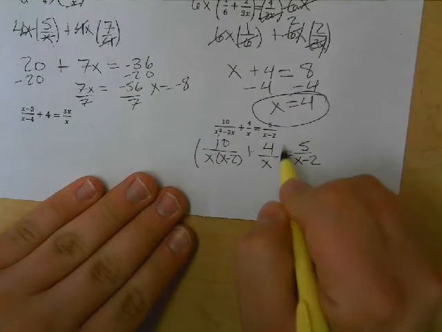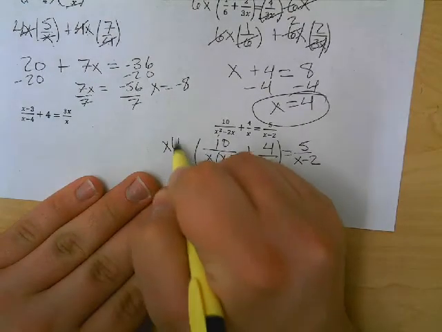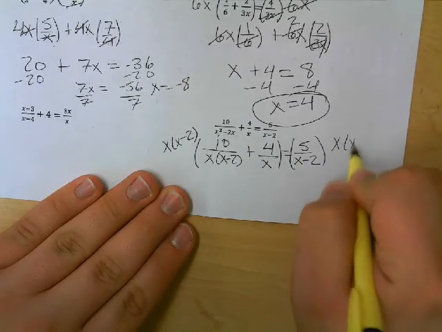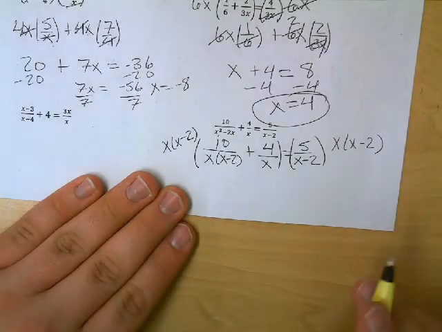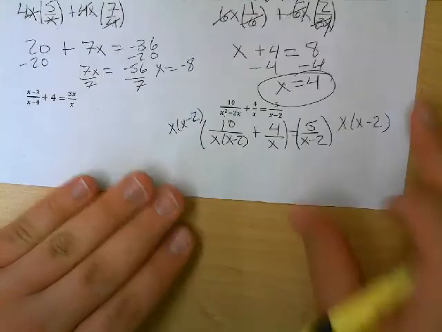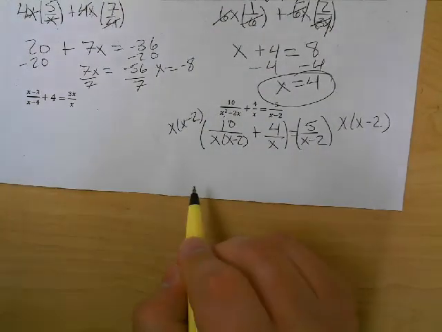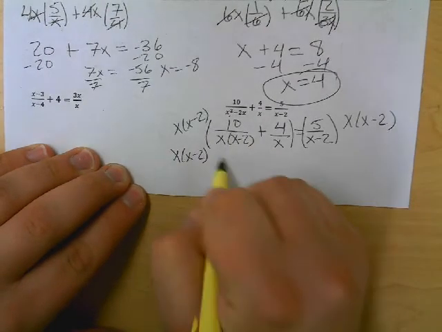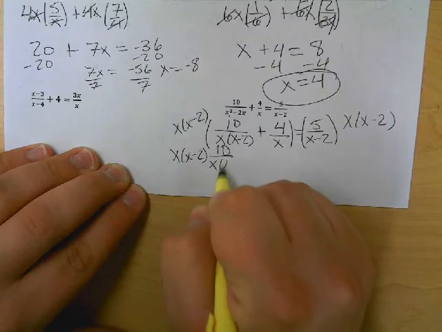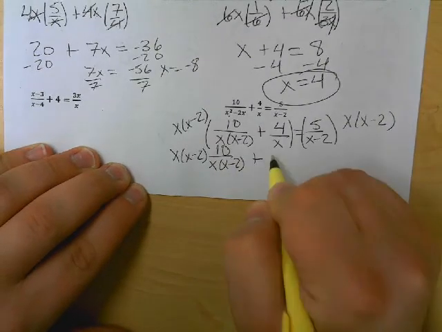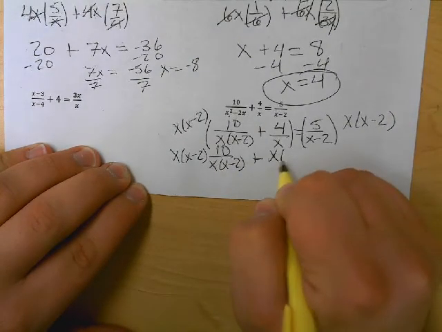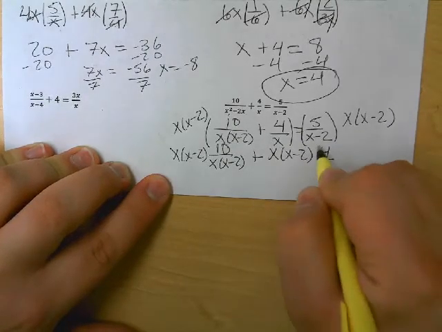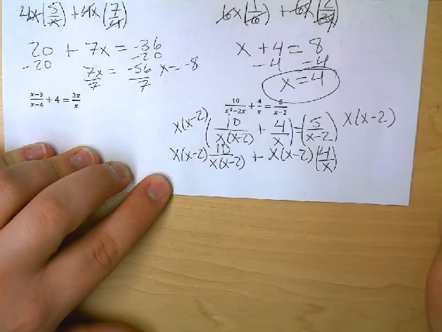That's the same thing as multiplying x times x minus 2 times 10 over x times x minus 2, plus x times x minus 2 times 4 over x. And that's my left-hand side.